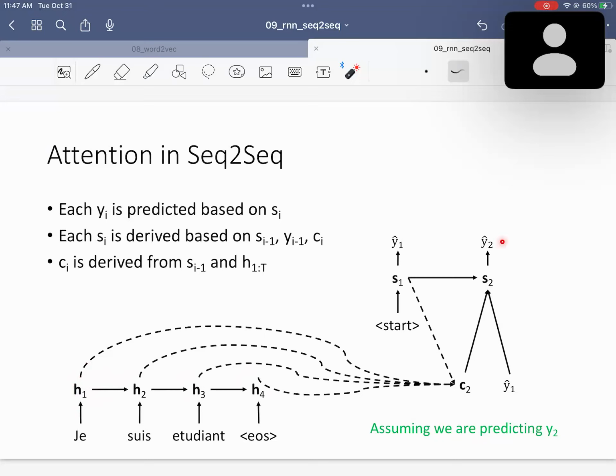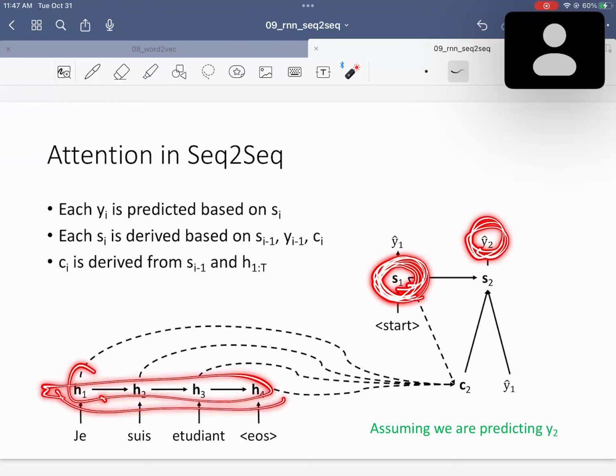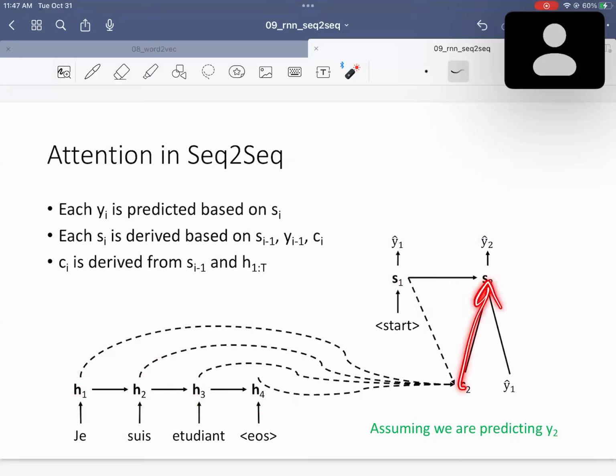Because in order to predict the next word properly, you need to understand what you've predicted before, your previous input, and all the input from the encoder. Mix them up, put them into your next hidden layer, S2, and then predict. So that was the philosophy behind the attention model, attention-based sequence to sequence.